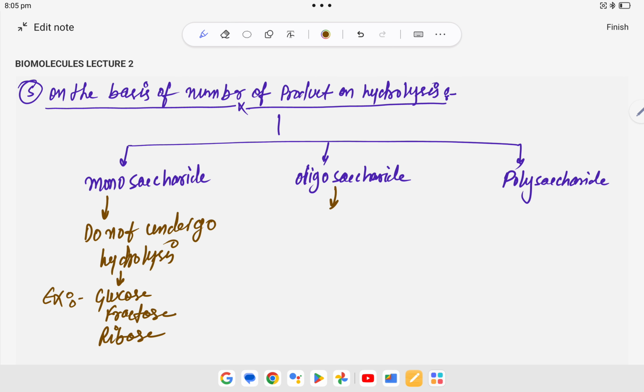If we are talking about oligosaccharide, on hydrolysis it gives 2 to 10 units of product. Examples: sucrose and maltose and many more.